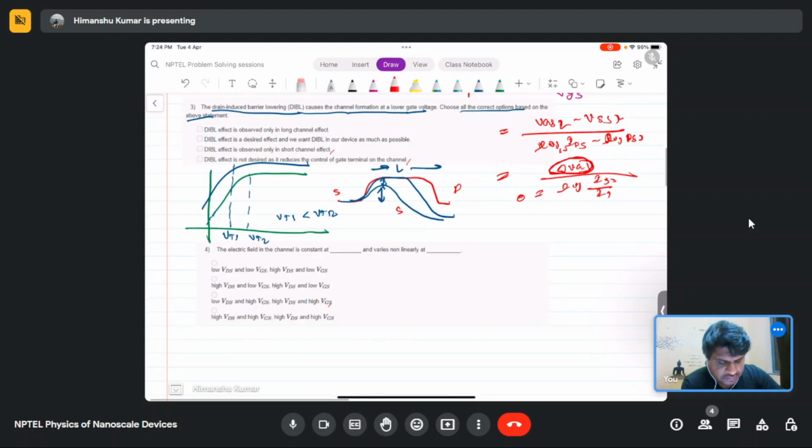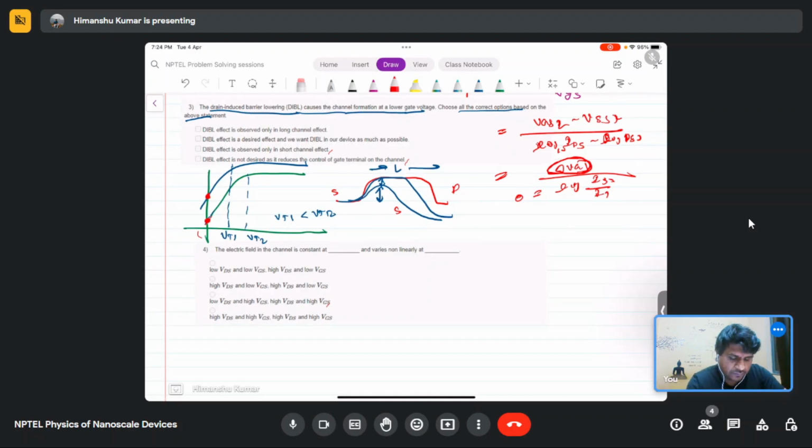At zero gate voltage, this current was earlier lower, and now it has increased. So with increase in the drain voltage, your off state leakage current also increases. Your off state characteristics become poorer and poorer, and you will have leakage. In that sense this is not a good thing for devices.